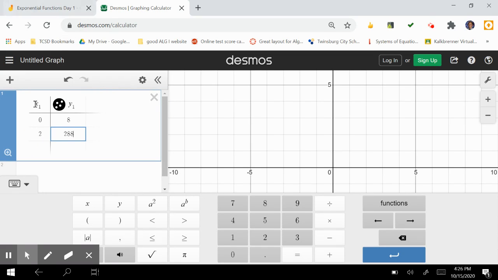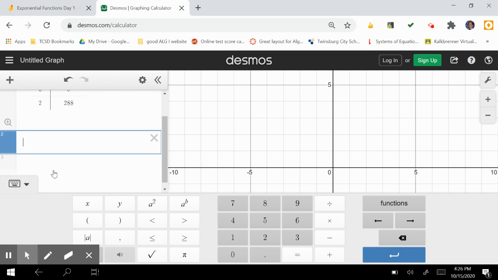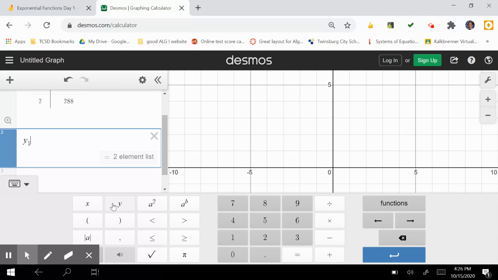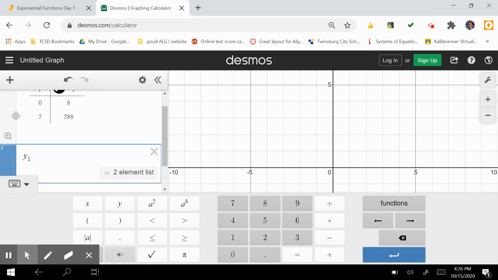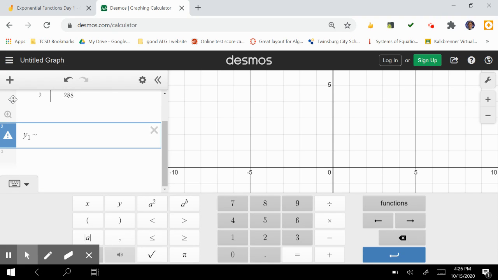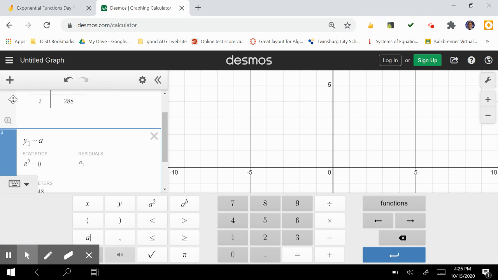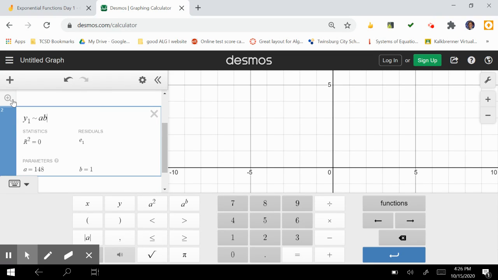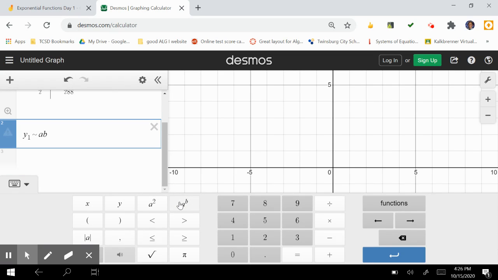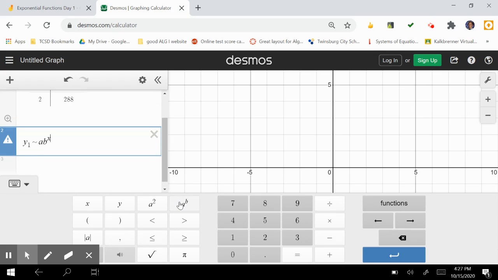Here's a little secret to Desmos. It's a regression equation. All right, you type y, the number 1, and then you hit the button above tab, which is the tilde, and then a, b, because that's just my formula, and then I'm going to hit the a to the b power and get my x value.